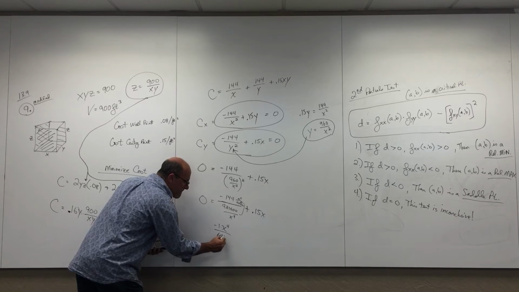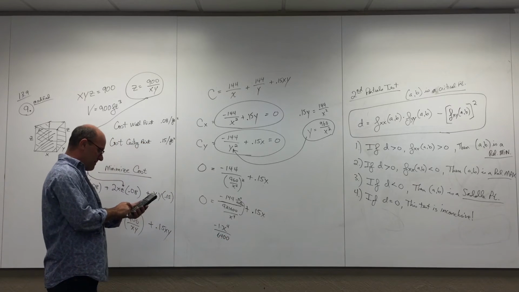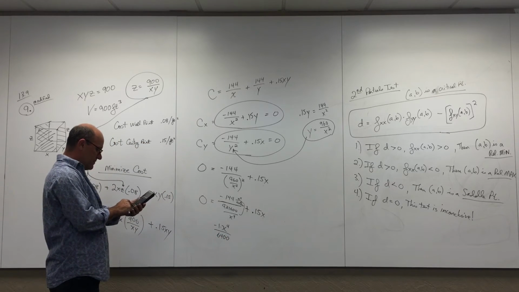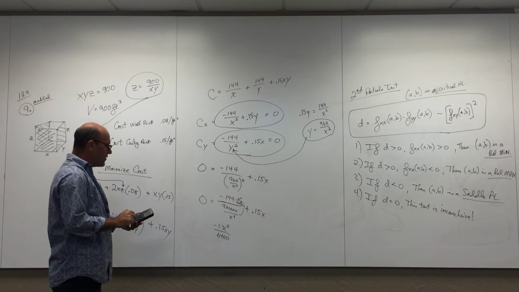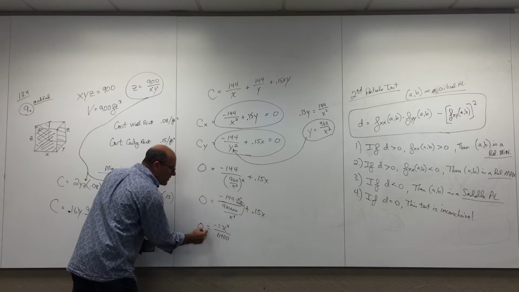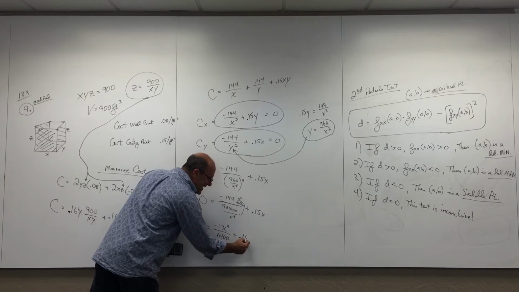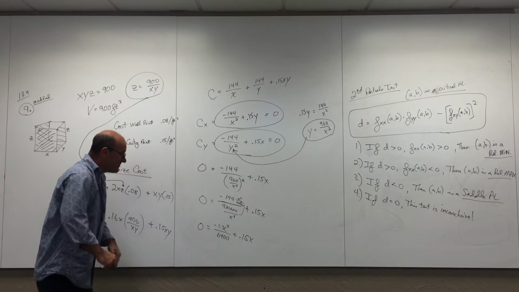Okay. Thank you. 1 divided by 6,400. Yeah, you're right. Okay, cool. That equals 0. This is 0.15x. All right, you guys, what am I doing now?